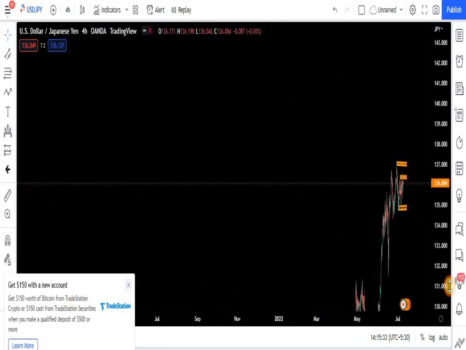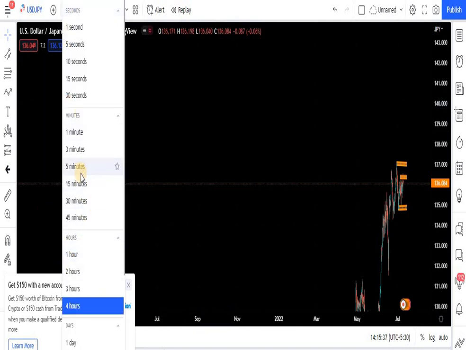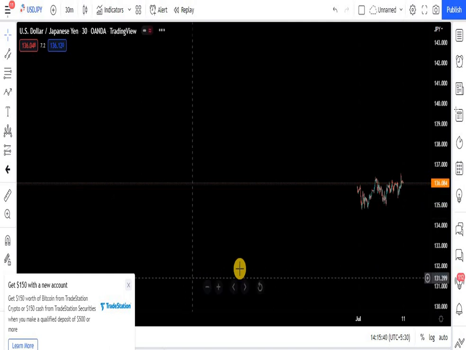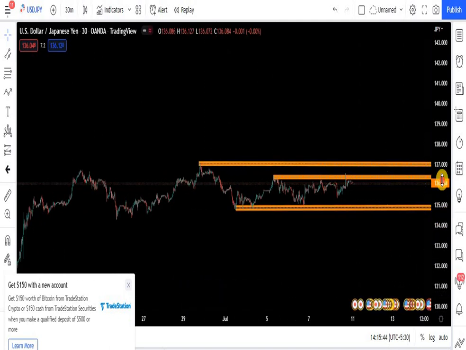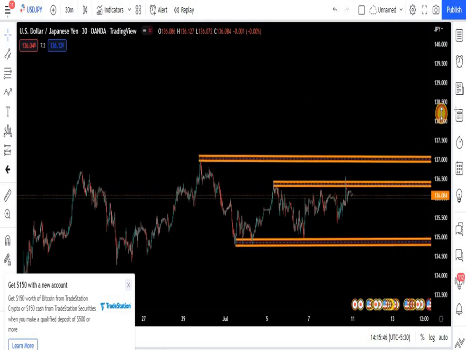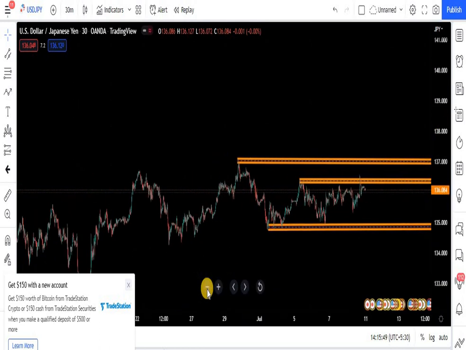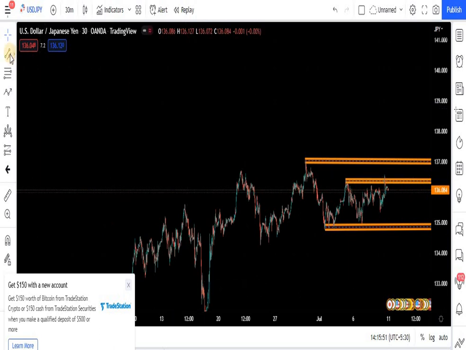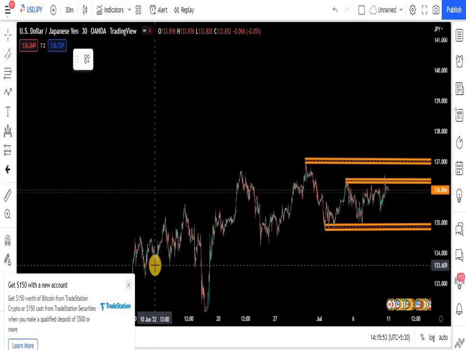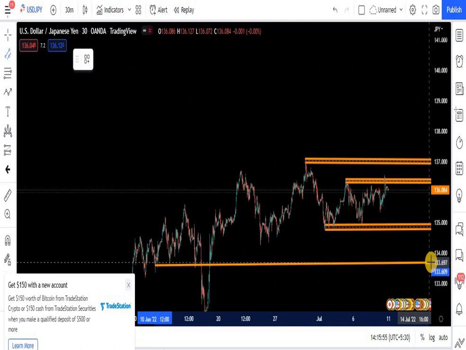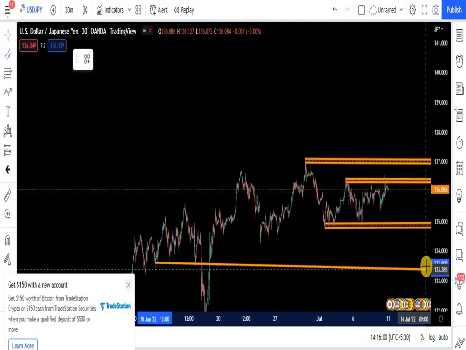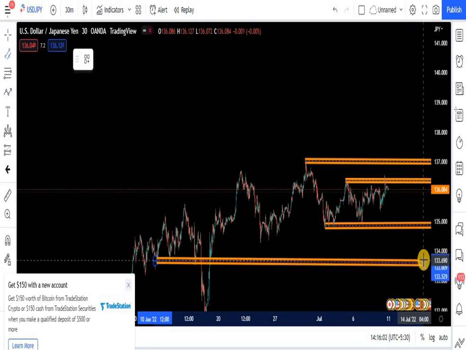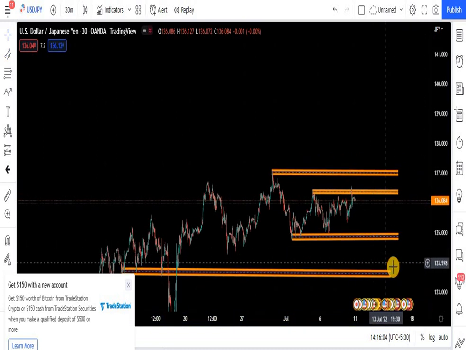So it is currently at a very high level. So 30 minutes. So these are the areas, and if we go down, there is one support nearby somewhere here, around 1.33500.